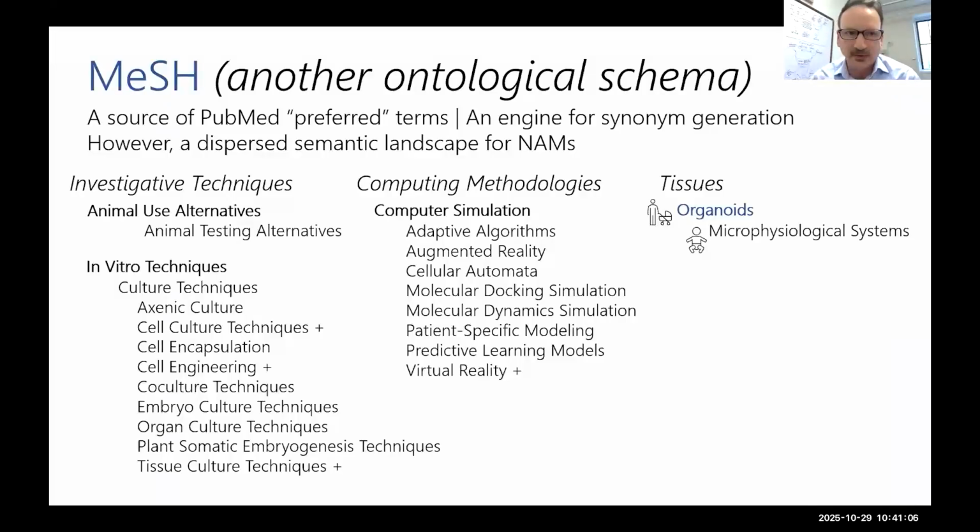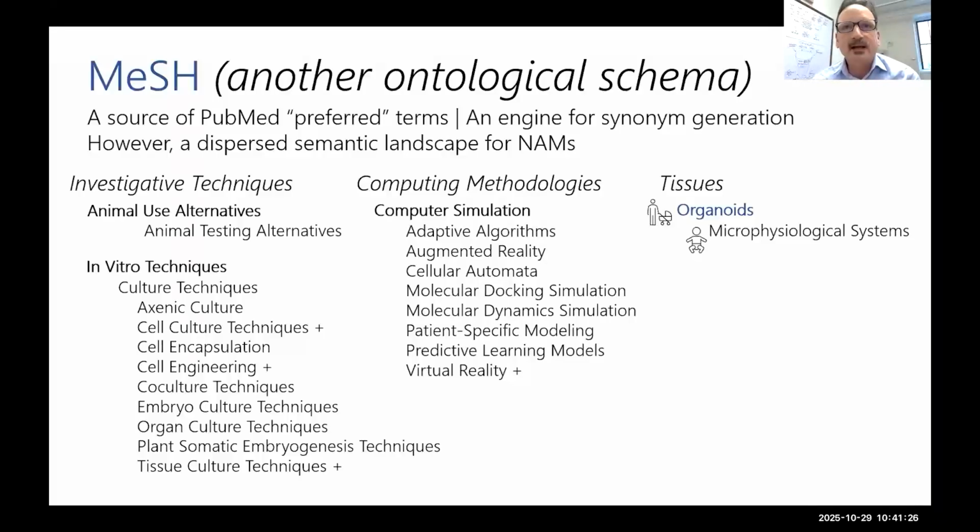Because one feature of MeSH terms, which we'll look at in a second, is that when you use the parent term, you capture the child as well. So when we use the organoids MeSH term, we'll actually be capturing the microphysiological systems MeSH term as well.